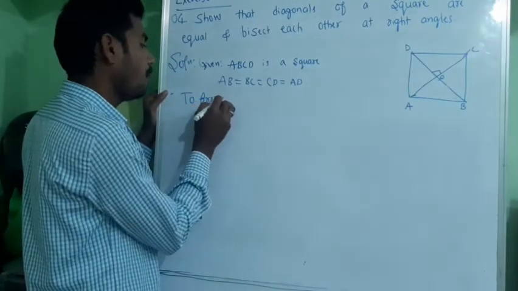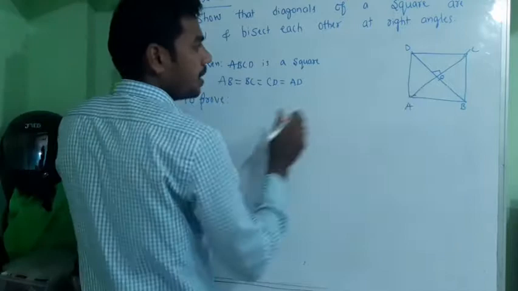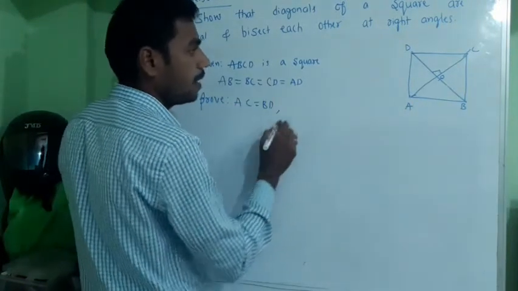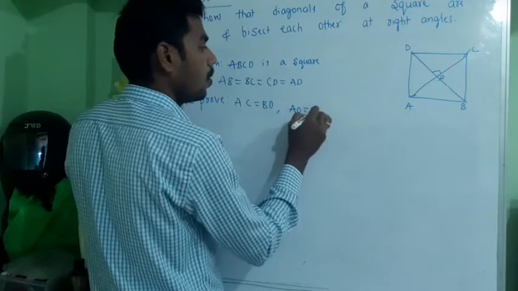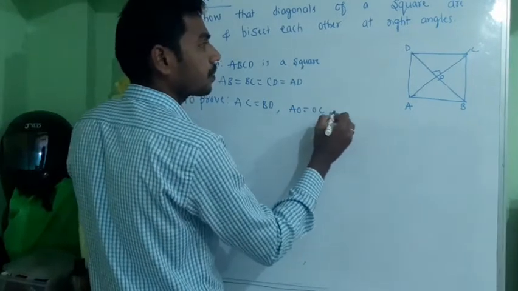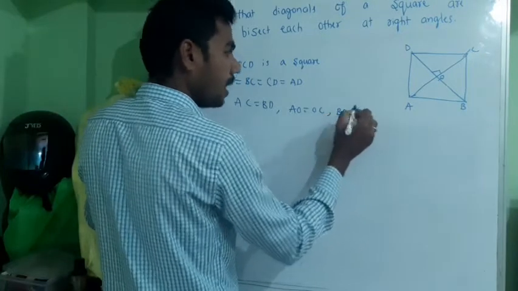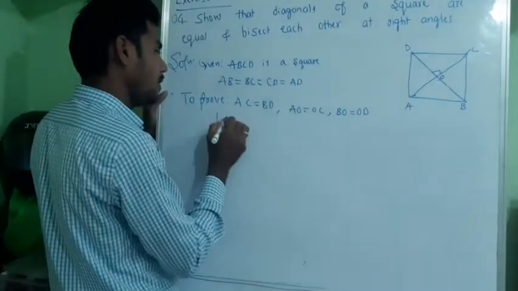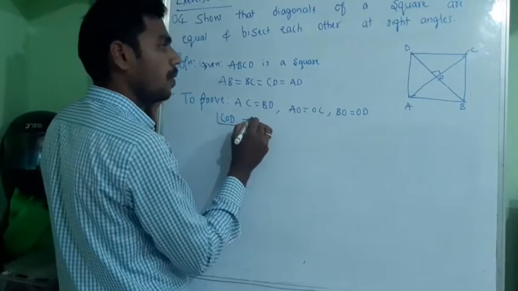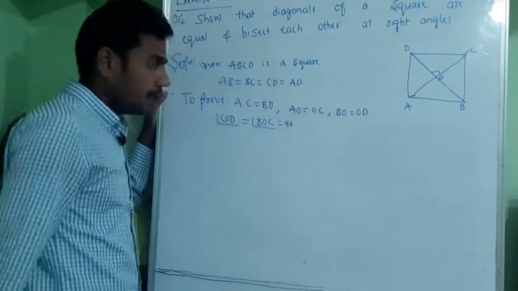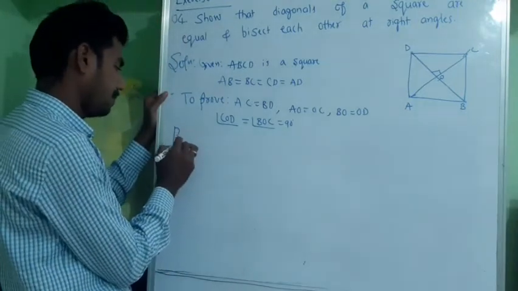We need to prove diagonals AC is equal to BD, and we need to show AO is equal to OC and BO is equal to OD, and angle COD is equal to angle BOC is equal to 90 degrees. Fine. So we'll go to the proof part.